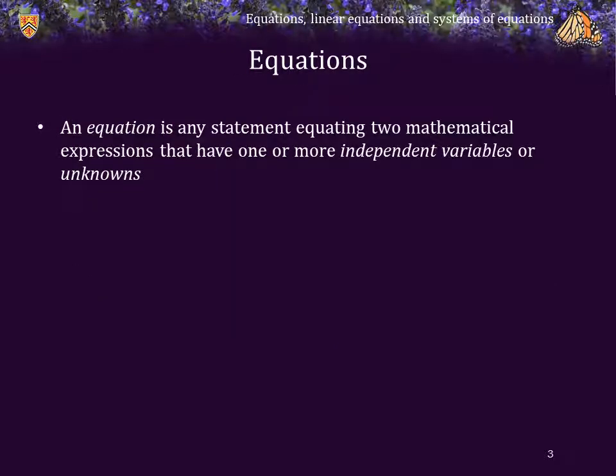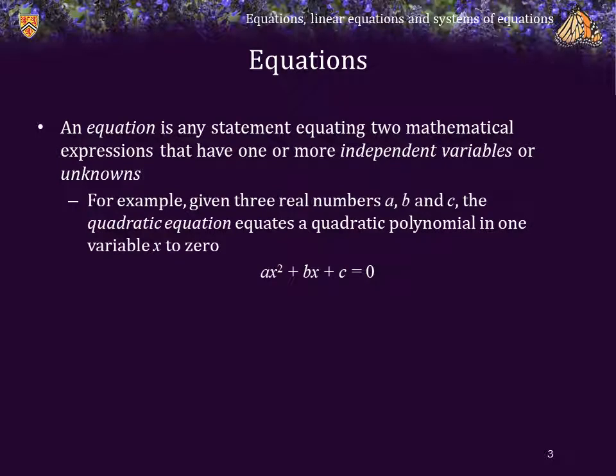Alright, to begin, an equation is any statement that equates two mathematical expressions that have one or more independent variables or unknowns. So, for example, given three real numbers a, b, and c, the quadratic equation equates a quadratic polynomial in one variable x to 0.